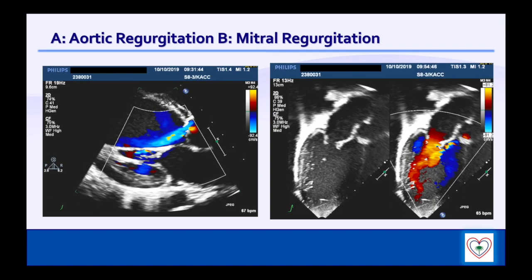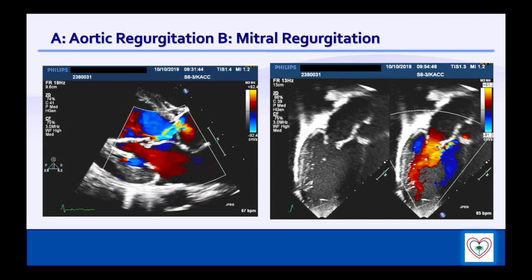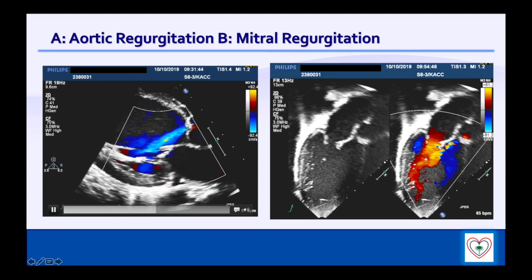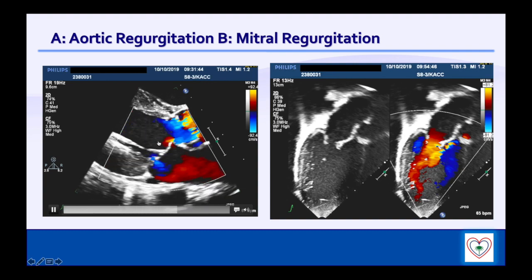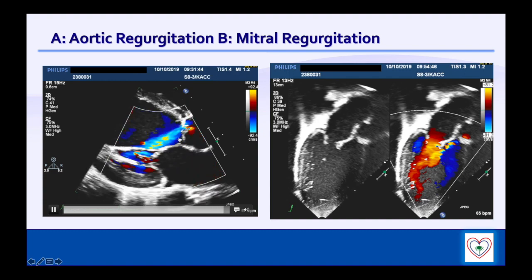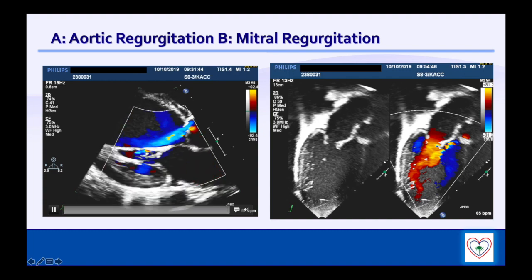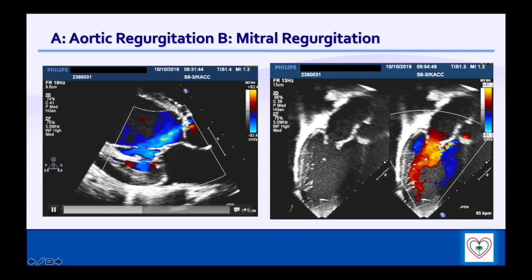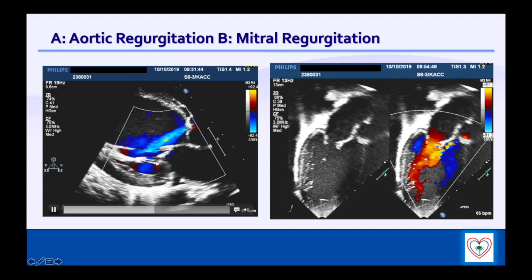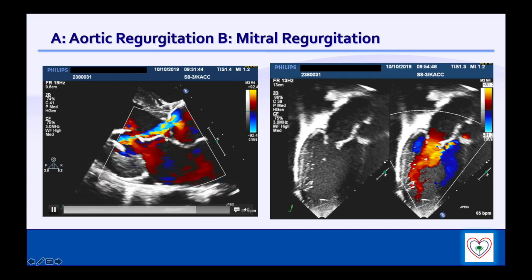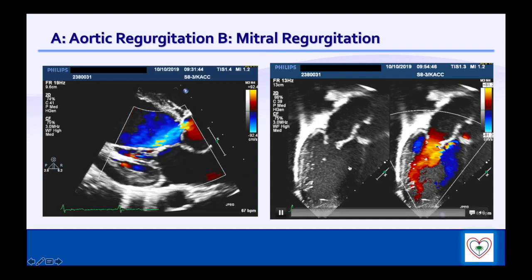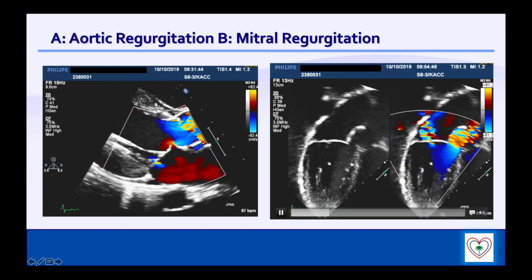Okay, so this is the same patient. This patient has a severe aortic valve regurgitation, and there is a posterior directed jet from this aortic valve regurgitation, and it is hitting the anterior leaflet of the mitral valve. At the same time, there is significant mitral valve regurgitation. So this jet is in diastole, this jet is in systole. To make it clearer, we have a three-chamber view.